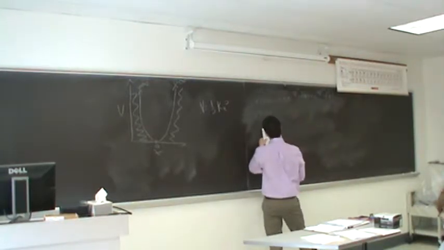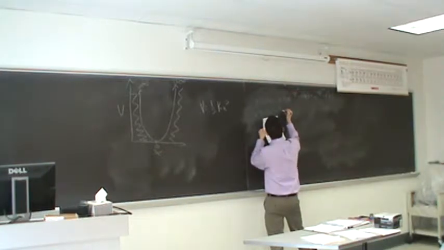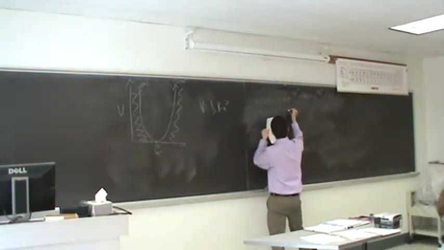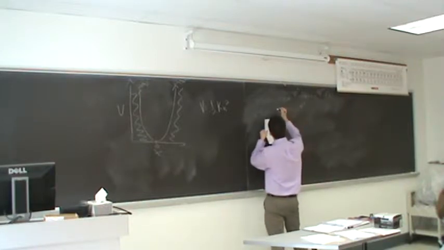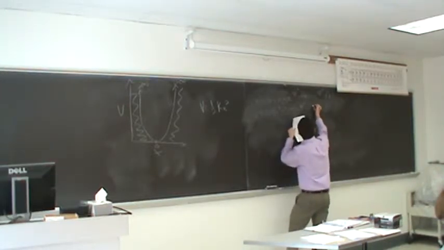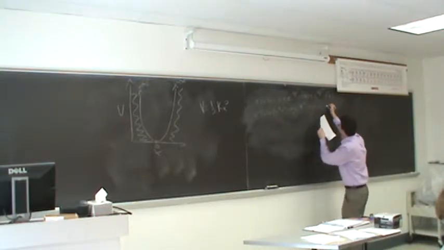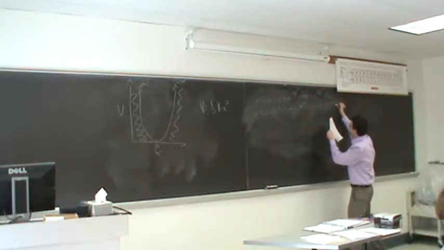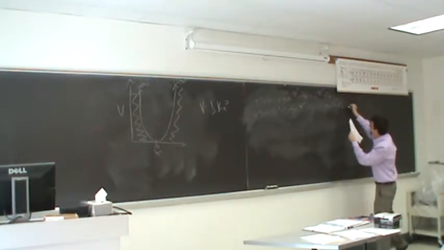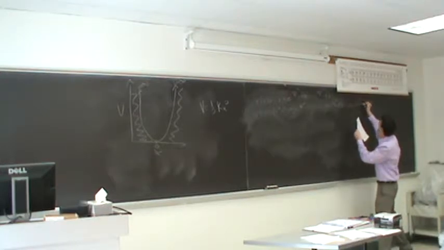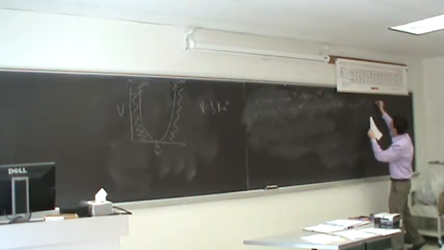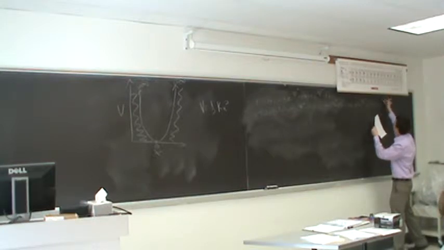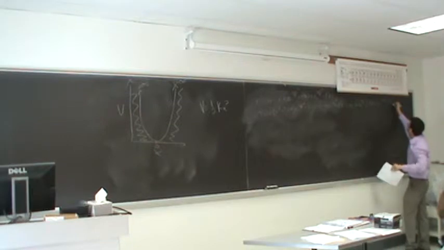We're going to erase that. We ended up with alpha squared x squared, minus alpha e to the negative alpha x squared over 2, times f of x, plus negative alpha x e to the negative alpha x squared all over 2 f prime of x, plus negative alpha x e to the negative alpha x squared over 2 f prime of x, plus e to the negative alpha x squared over 2 f double prime of x.